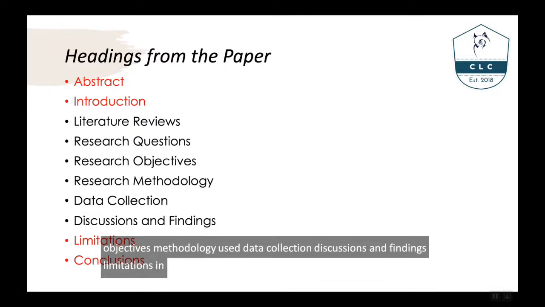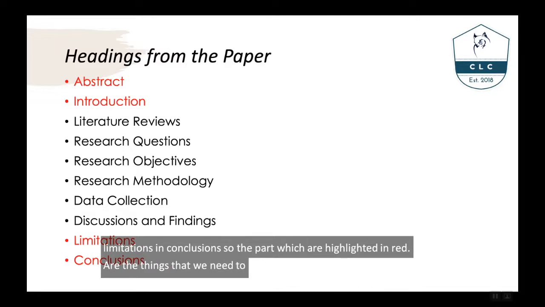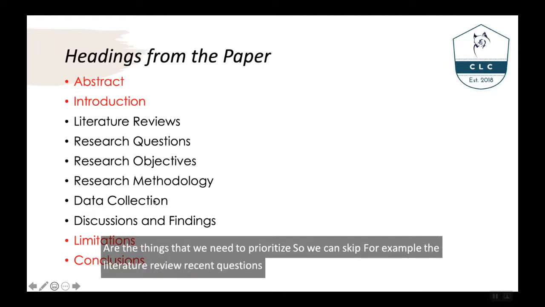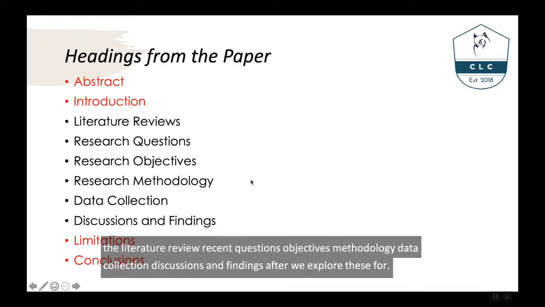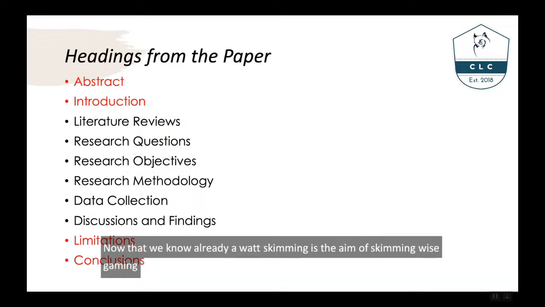The parts highlighted in red are the things that we need to prioritize. So we can skip, for example, the literature review, research questions, objectives, methodology, data collection, discussion, and findings after we explore these four.